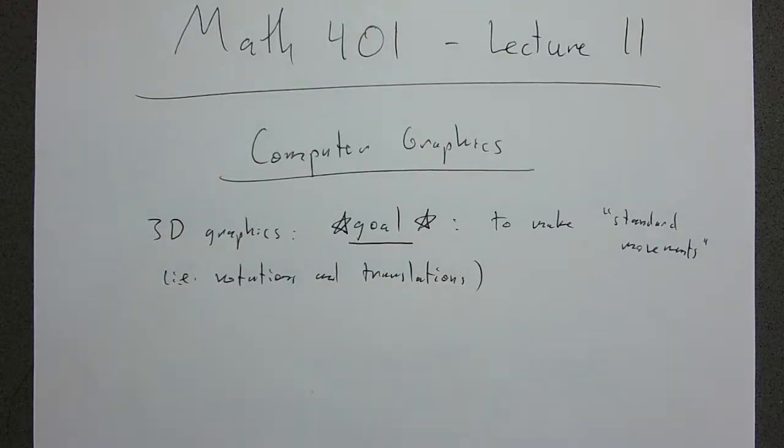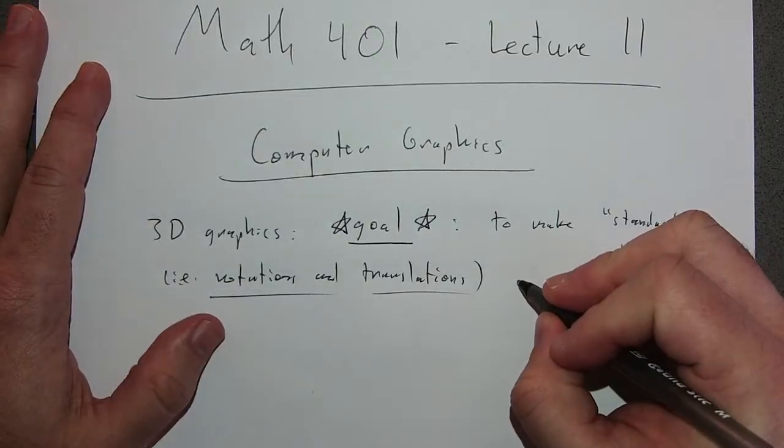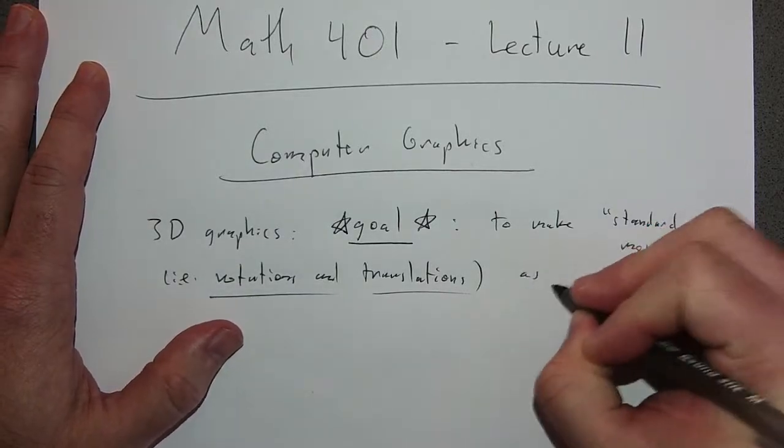The answer is yes, that's true. But we'll see that for practical purposes and for the things that we want to do, that doesn't necessarily help us that much, even though that is true.